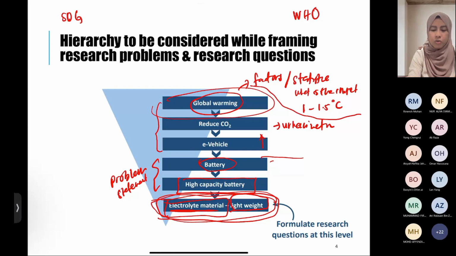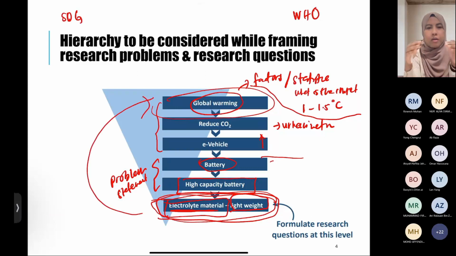But when you achieve this objective, it will eventually serve the purpose of the aim, which is reducing the impact of global warming by reducing CO2.